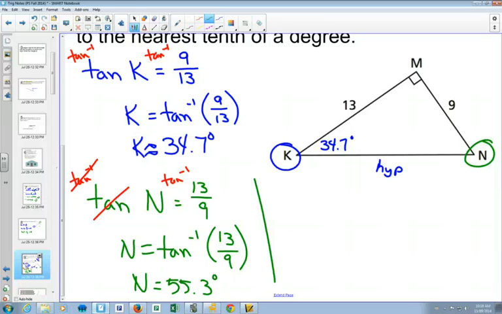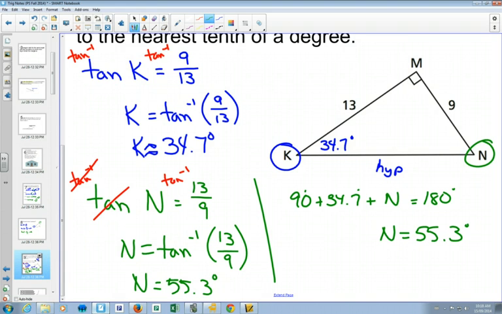And so if you said, I've got 90 plus 34.7 plus angle N has to equal 180 degrees, and you solve for this, you would also get 55.3 for angle N.